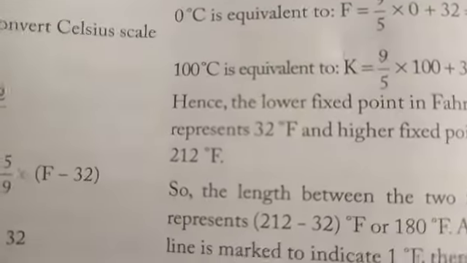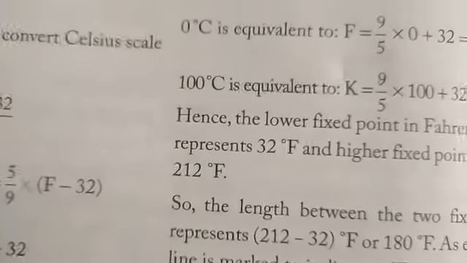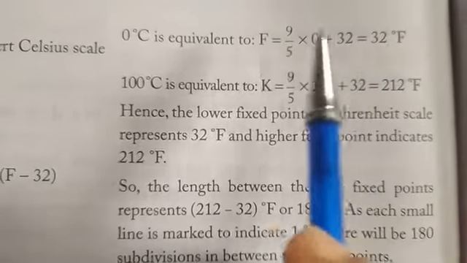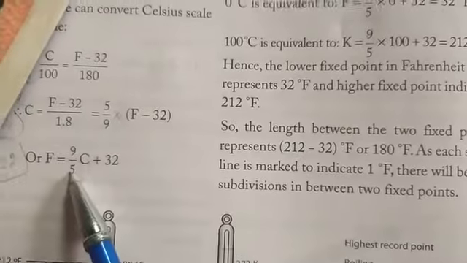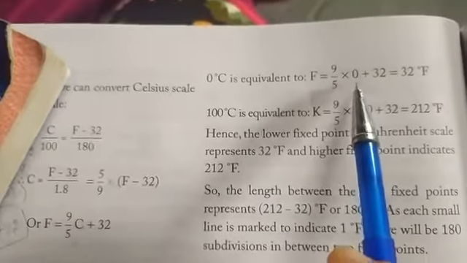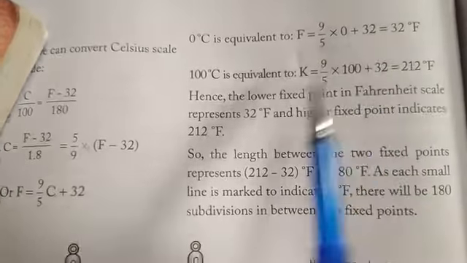Here we will calculate the equivalent of 0 degrees Celsius in Fahrenheit. 0 degrees Celsius is equal to 32 degrees Fahrenheit, because we put the value of degrees Celsius in this relation: 9 by 5 multiplied by 0 plus 32, which is 32 degrees Fahrenheit.